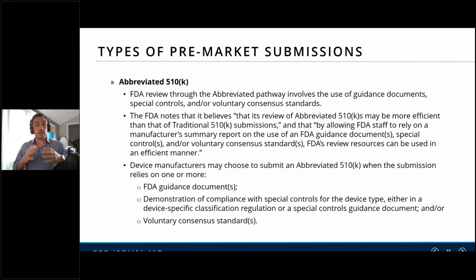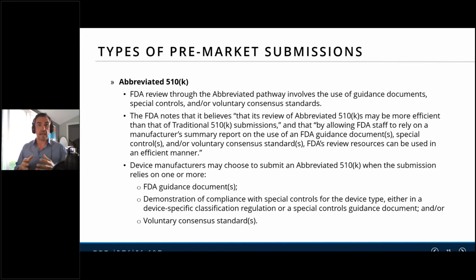But fundamentally, FDA review through the abbreviated pathway involves the use of guidance documents, special controls, and voluntary consensus standards. All right, so let's just break this down for a minute. An abbreviated 510K is for a category of product that is relatively well defined, right?